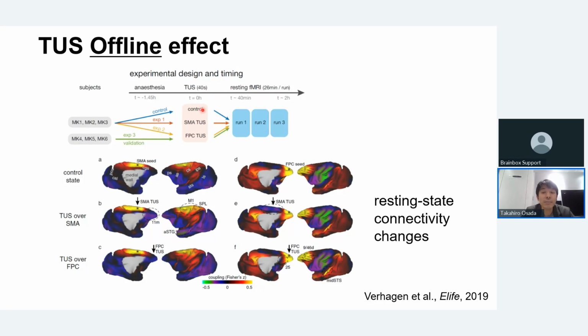TUS was applied to macaque brains, and the effect lasted approximately 2 hours. They observed resting state functional connectivity changes. Connectivity profile changes were specific to the stimulated sites. So we adopted this long-lasting effect by using this protocol.